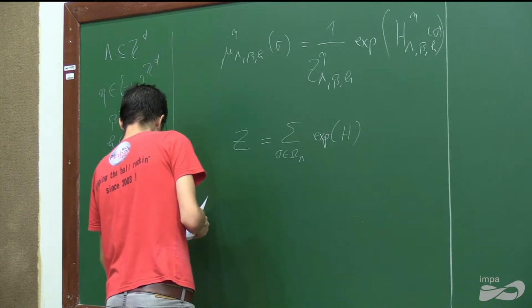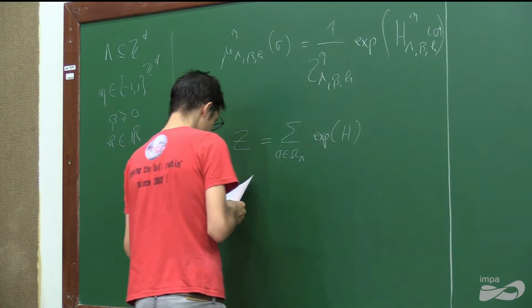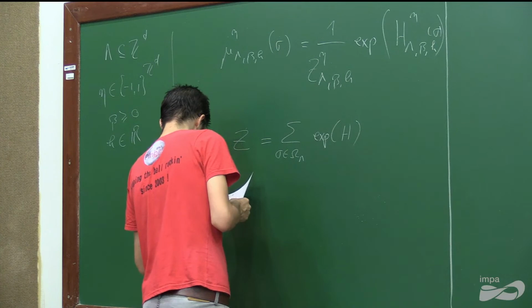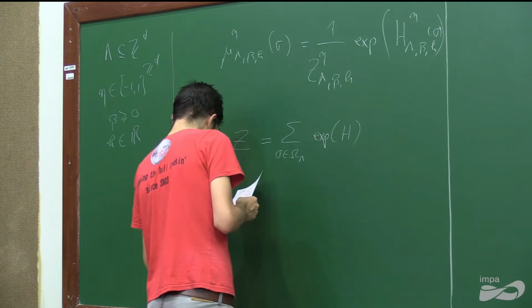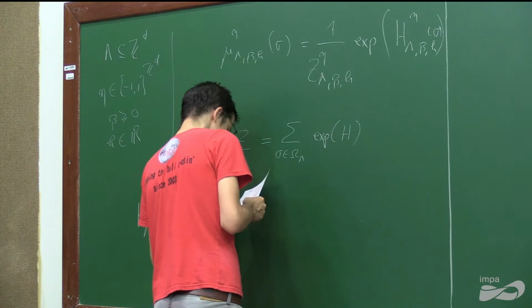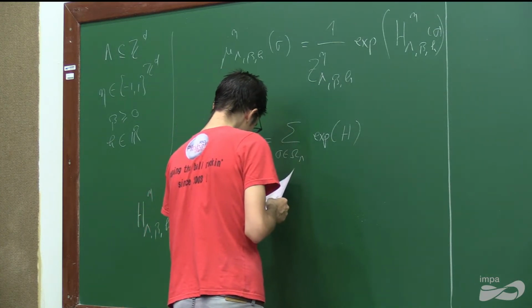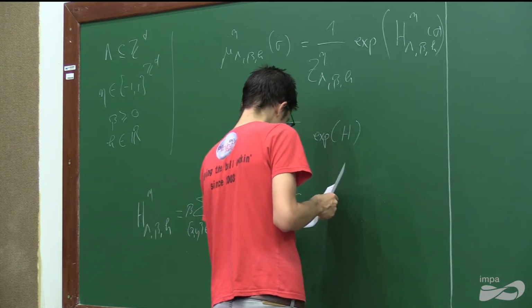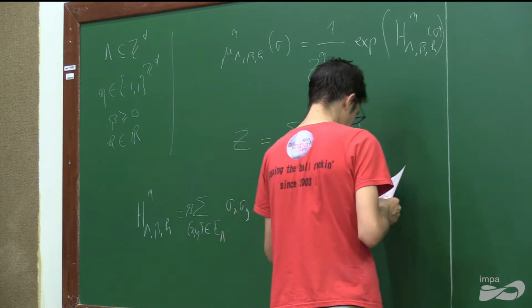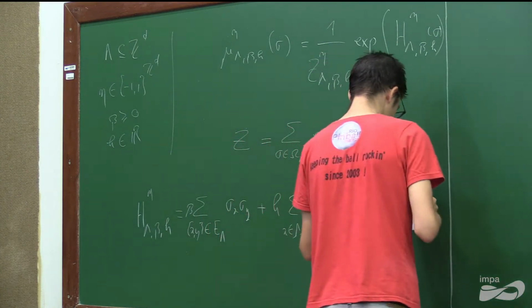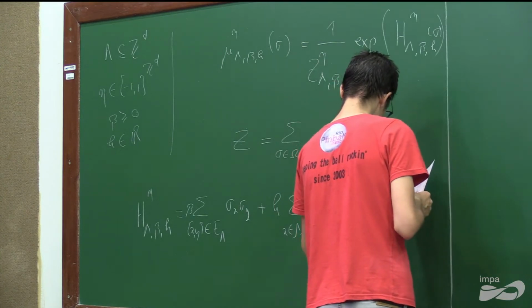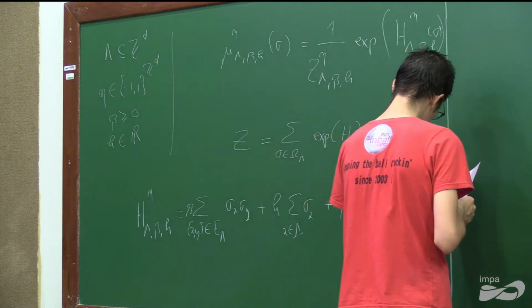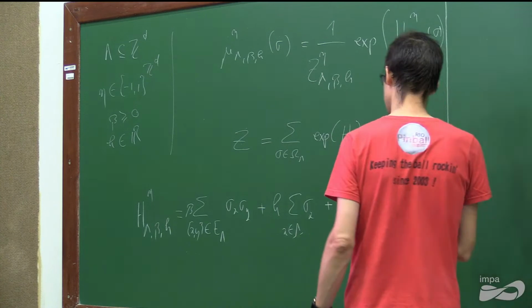H^eta_{Lambda,beta,h} is equal to the sum over edges in the box of sigma_x sigma_y times beta, plus h times the sum over vertices of the box of sigma_x, plus beta times the sum over xy in the boundary edges of sigma_x eta_y, where these are the boundary edges.